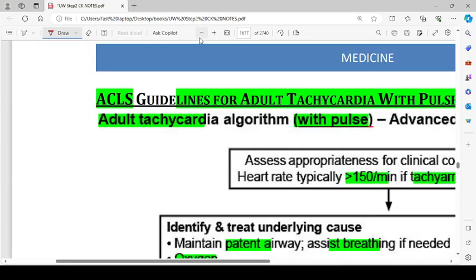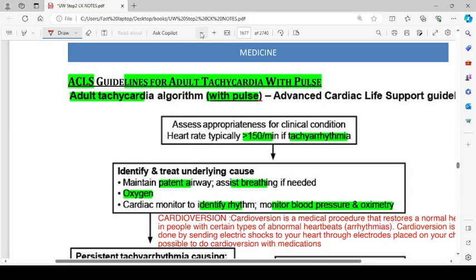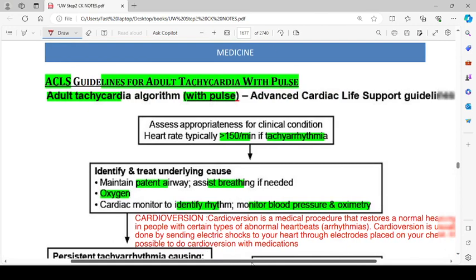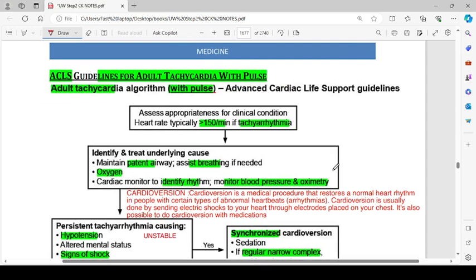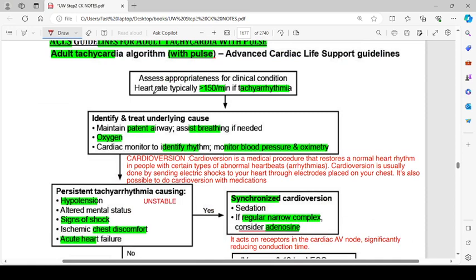Now moving forward, the ACLS guidelines for adult tachycardia with pulse, the advanced cardiac life support algorithm. Assess the appropriateness for the clinical condition, like a heart rate typically more than 150 per minute in tachyarrhythmia.